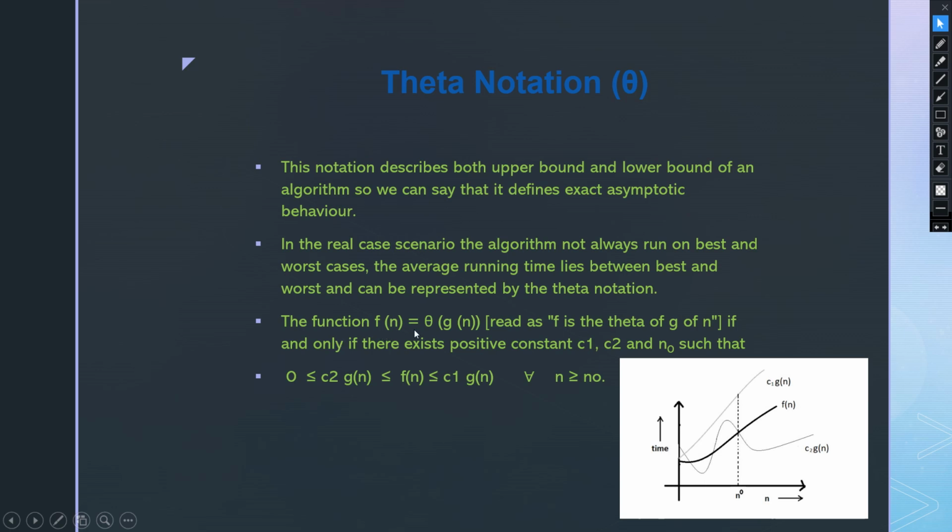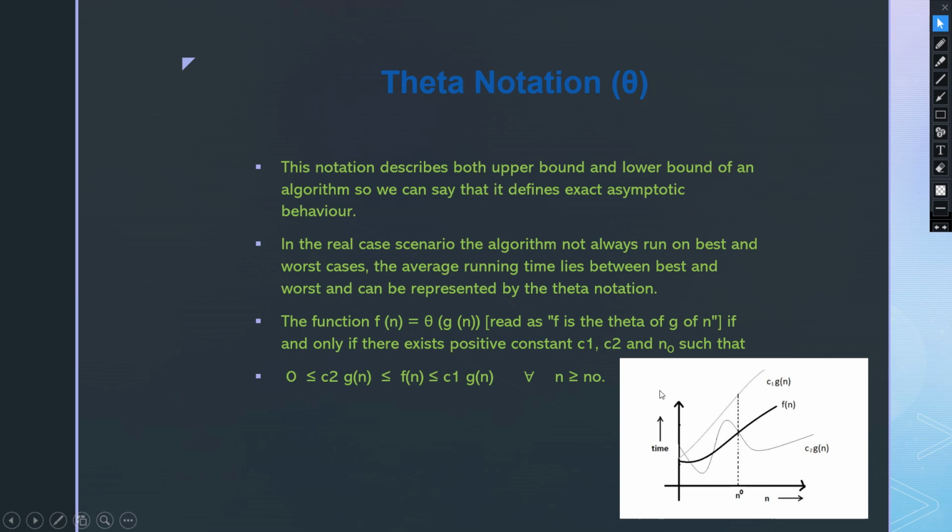The function f of n is theta of g of n if and only if there exist positive constants c1, c2 and n naught such that 0 is less than or equal to c1 into g of n, which is less than or equal to f of n, which is less than or equal to c2 of g of n, for all n greater than or equal to n naught.